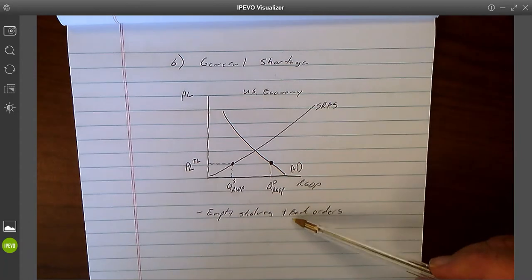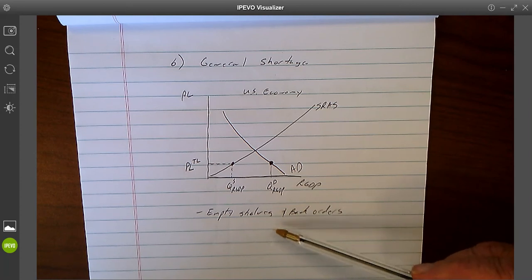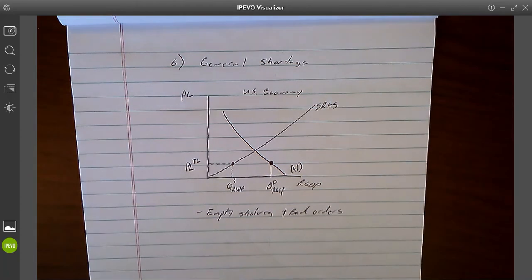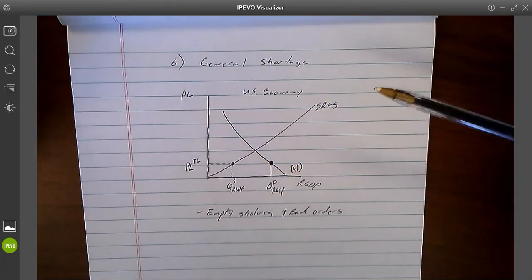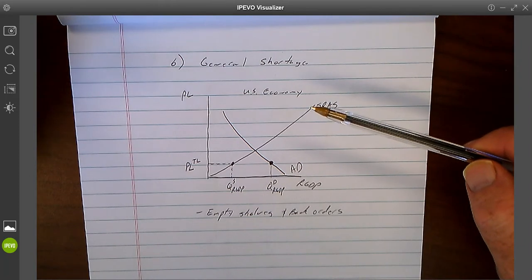Now, firms, owners of businesses, don't like to see this either, because what does an empty shelf mean? It means a missed sale. It also means an angry customer. Someone comes in and says, "Hey, I want to buy this," and it's listed on your website as costing this much, and you don't have it. So firms see themselves as having missed a sale, and they know they could have charged a higher price.